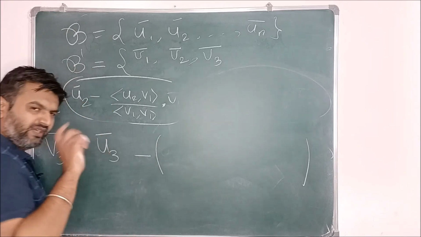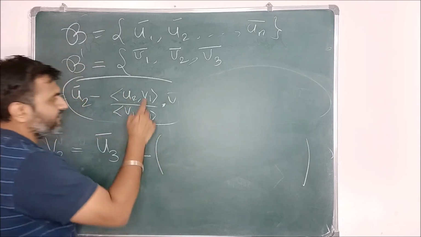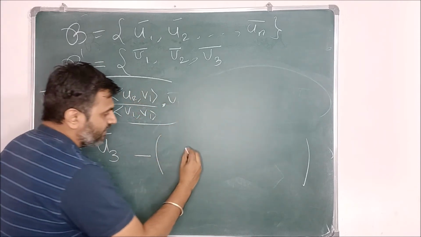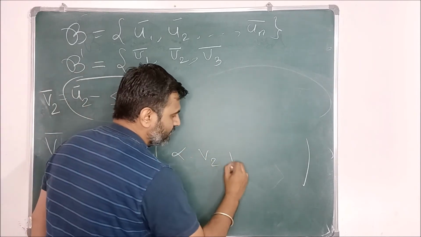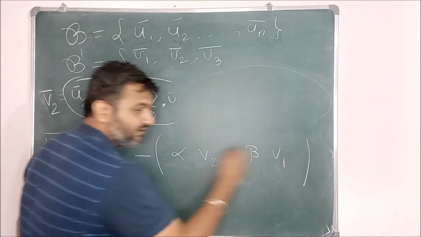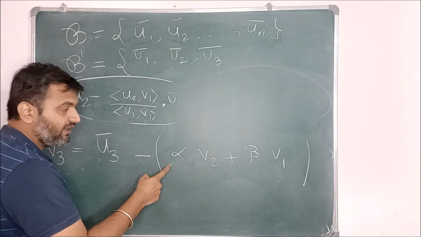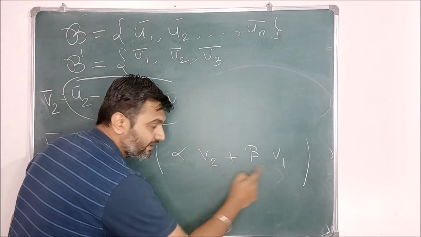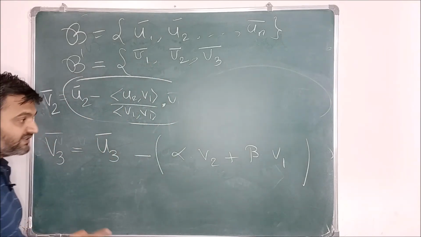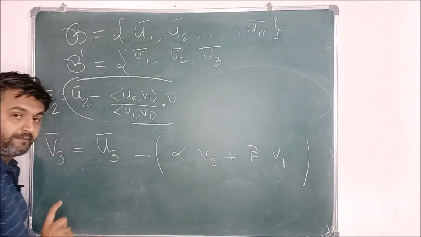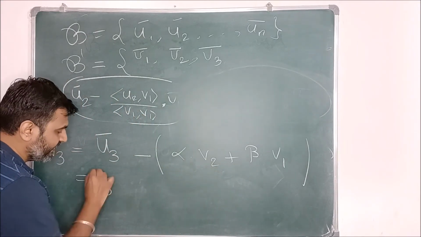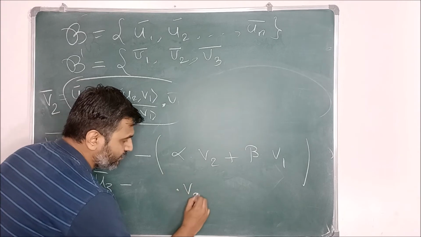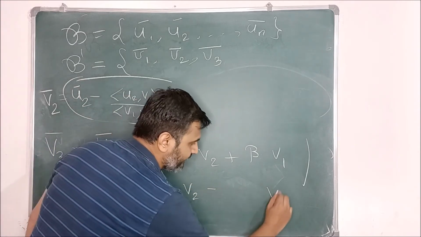Okay, so I am not going into that derivation. So here it was some alpha times v1, right? So here alpha times v2 plus beta times v1, because I want a vector which is orthogonal to v1 and v2. That means it is orthogonal to the span. Now the homework for you is to try to find alpha and beta. Okay, it will come out to be, here I have v2, this minus will come inside, and v1.